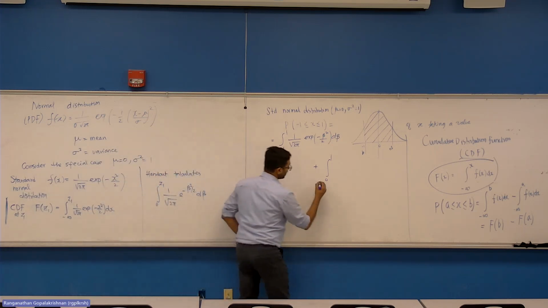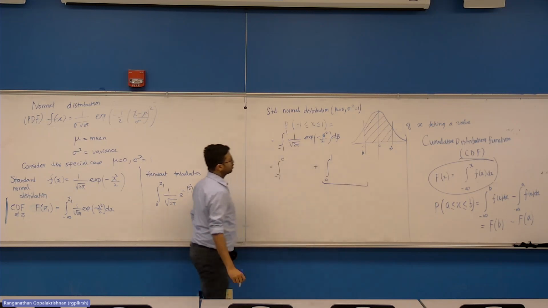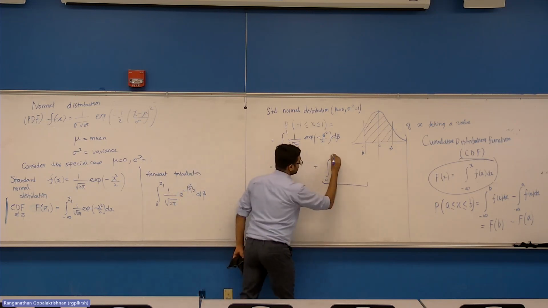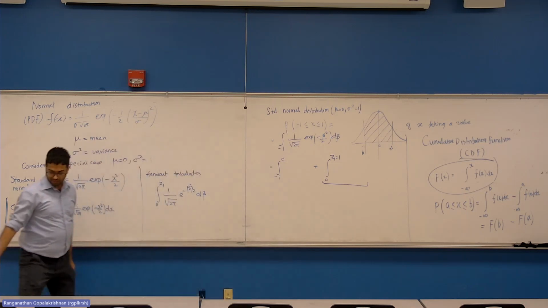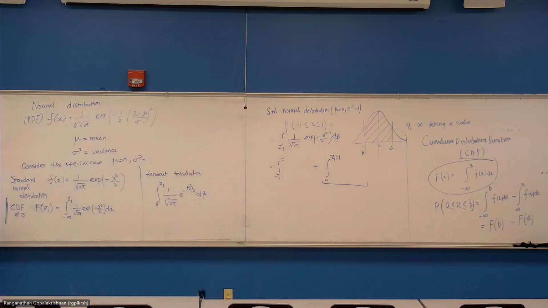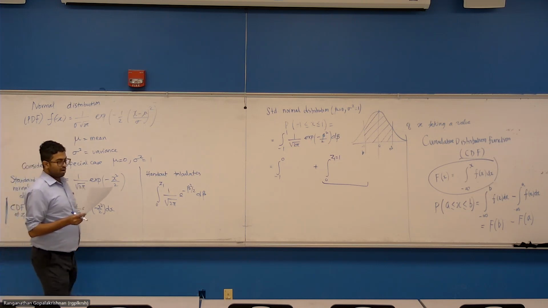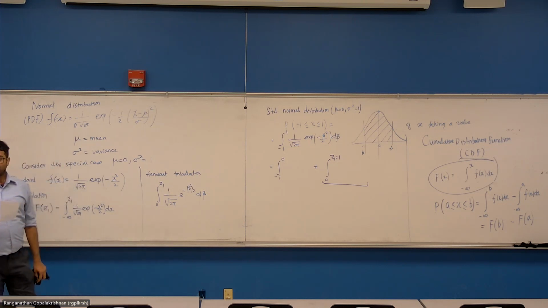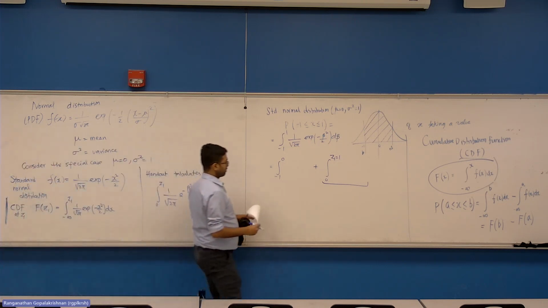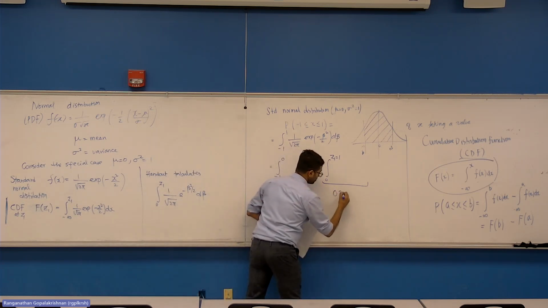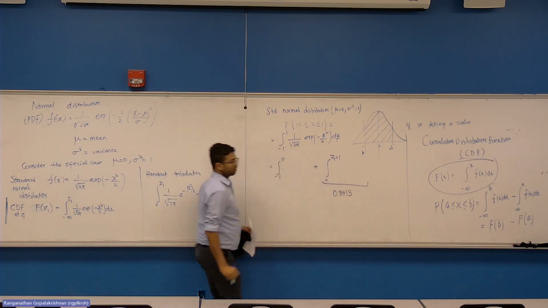Okay. This value is easy to look up. You need to look up where Z1 happens to be 1. Can you look up in your sheet and tell me where it is 1.00? 0.3413.